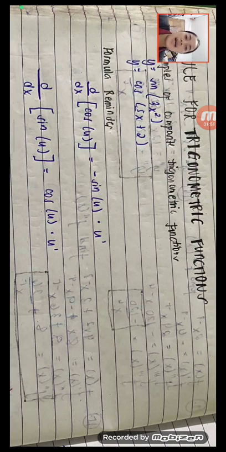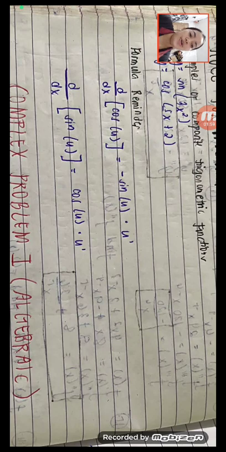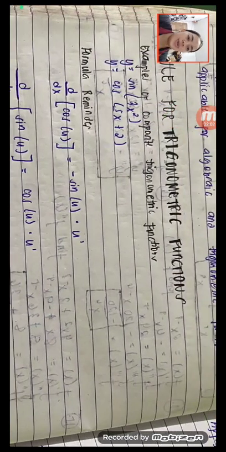And the derivative of sine u is cos u multiplied by u prime.